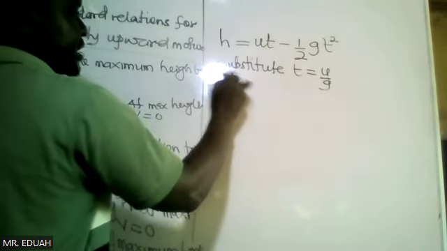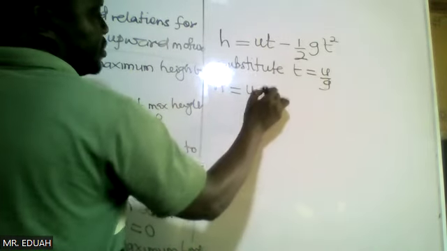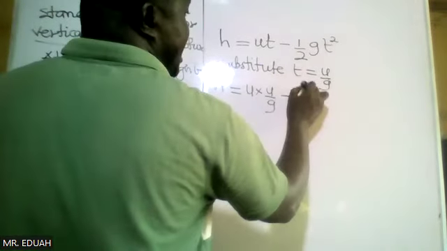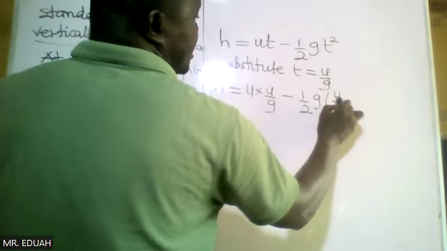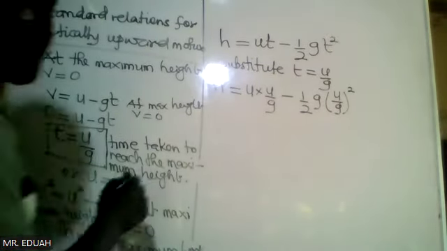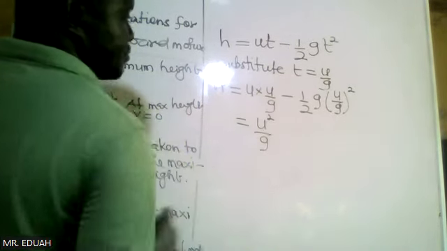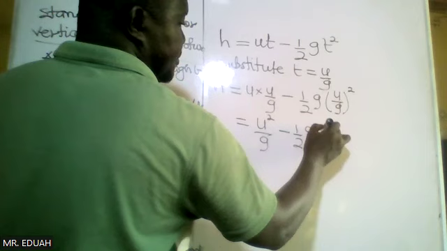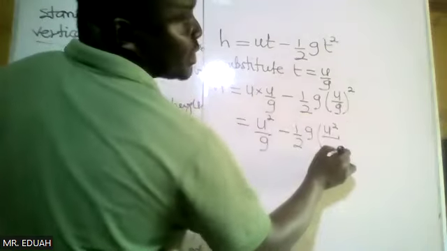So you have h is equal to u times u over g, minus half g times u over g squared. And so we have u squared over g minus half g times u squared over g squared.